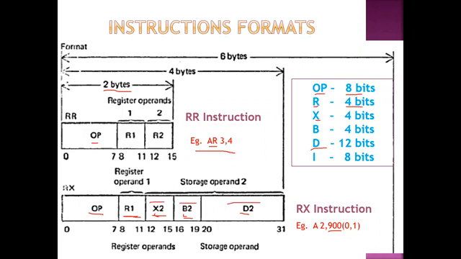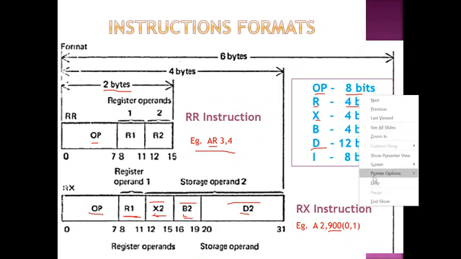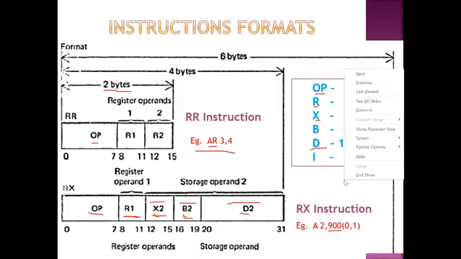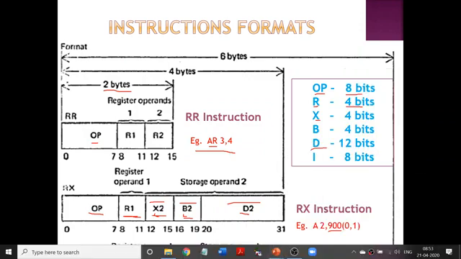Though the format is like this, the instruction has to be written in this particular way only. This is how you write it. The meaning is: 900 is the displacement, the index register is register 0, and the base register is register 1. You understand? This is an RX type of instruction. So what do you mean by an RX type of instruction? It means that you will also have an index value. You will definitely have one index value; that is the meaning of the RX instruction.